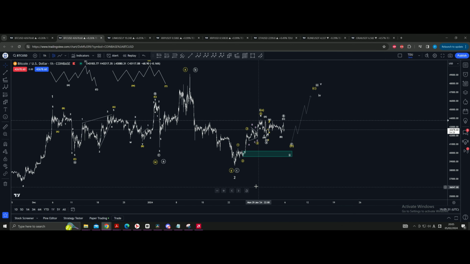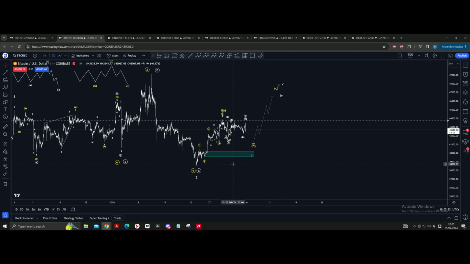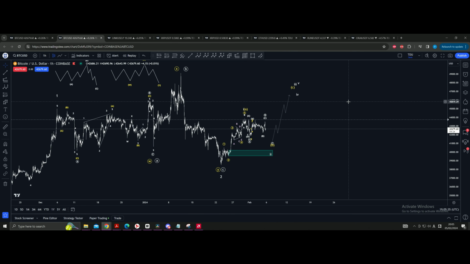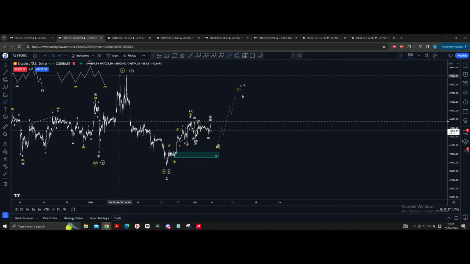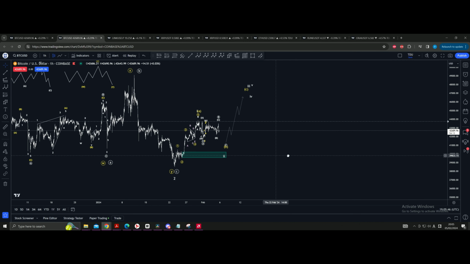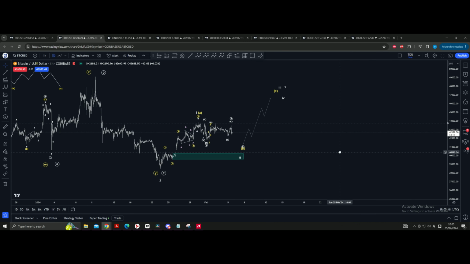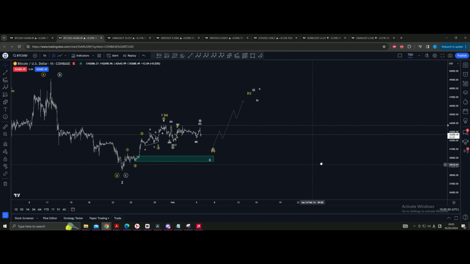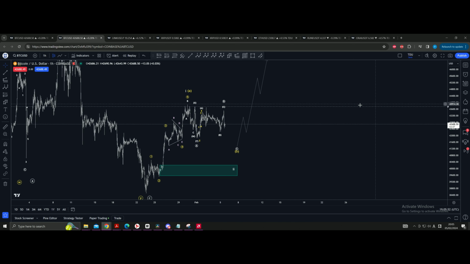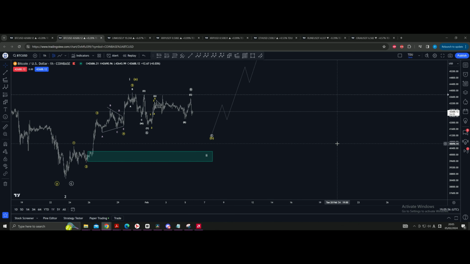So your 1, 2 is in. And in case you want to count this as a zigzag, now we can have our wave A, B, C, and we go down again, right? If it's not an ABC, if it is a wave 1, 2, well, we're going to have a similar play, in my opinion.